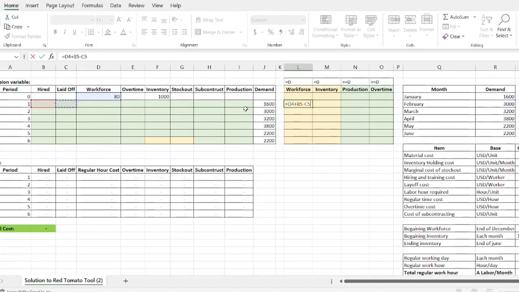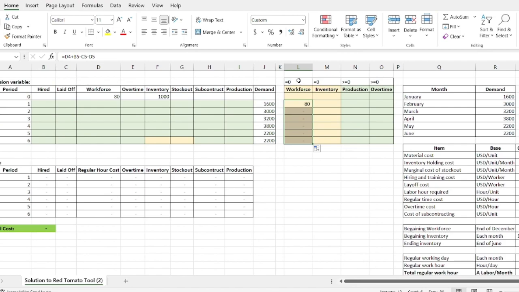So minus today's workforce is equal to 0. To know it later on, I have kept this remark here.